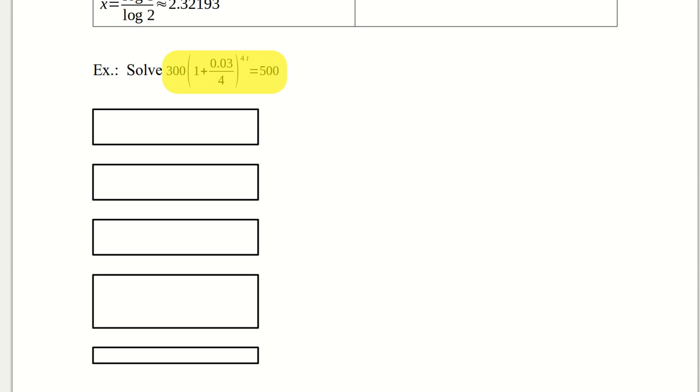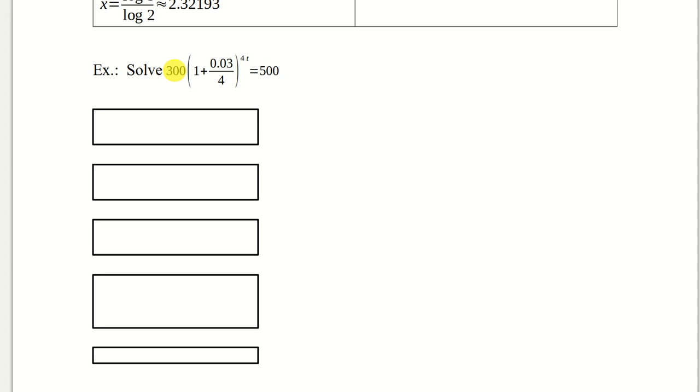We've got a variable in the exponent. So at some point, we're going to take logs, but we can't yet, because when I look at that left side, the last thing that I would do to it, according to the order of operations, is not exponentiate. It's multiplying. So I need to get rid of that 300 before I do anything else.